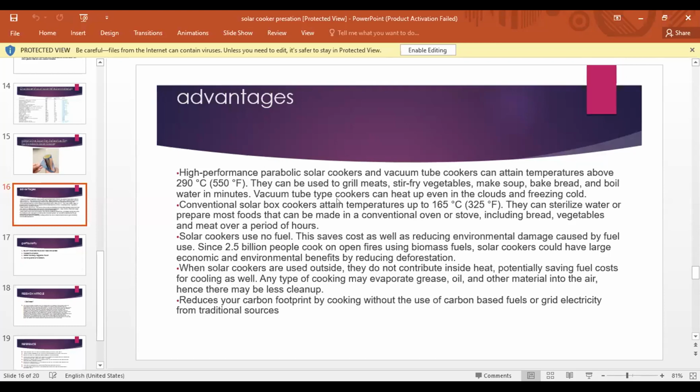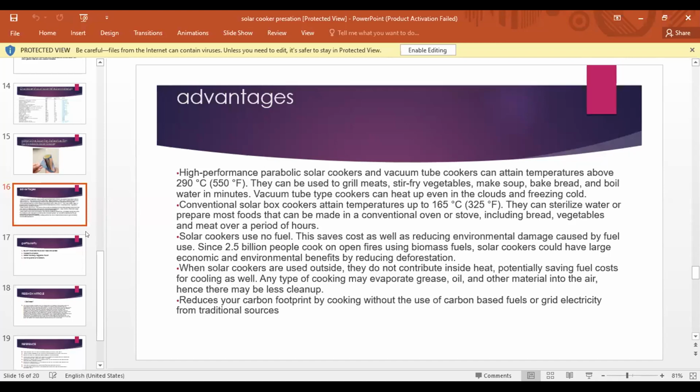The high performance parabolic solar cooker and vacuum tube cooker can contain a temperature above 290 degrees Celsius. As Castro said, we can produce energy or temperature which can heat up boilers and other materials or other areas where high temperature is required.